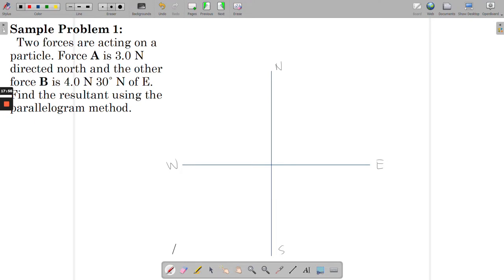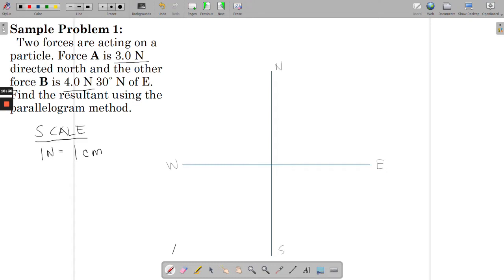The first thing that we have to do is create a scale. What do we mean by scale? Since we are using measuring tools like rulers and protractors, we have to change these numbers right here into a scale. So our scale would be, let's say, 1 newton equals 1 centimeter. So we need a proper scaling.